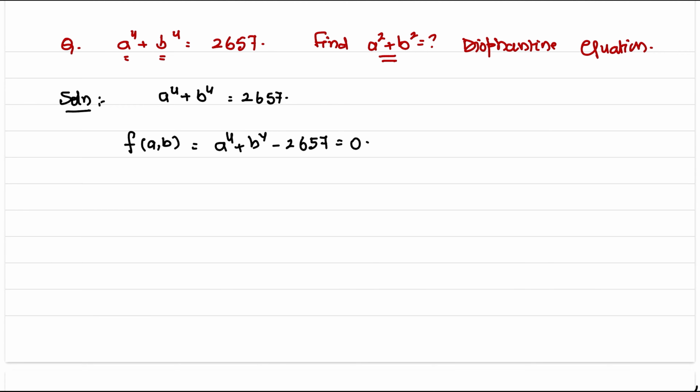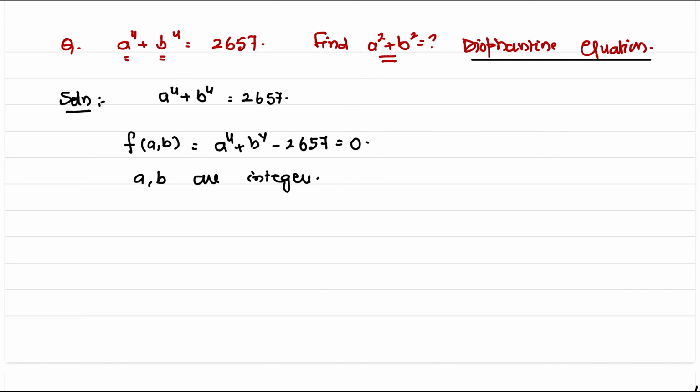Then, what is the condition? It is a Diophantine equation, that means a and b are integers. These are the two conditions.